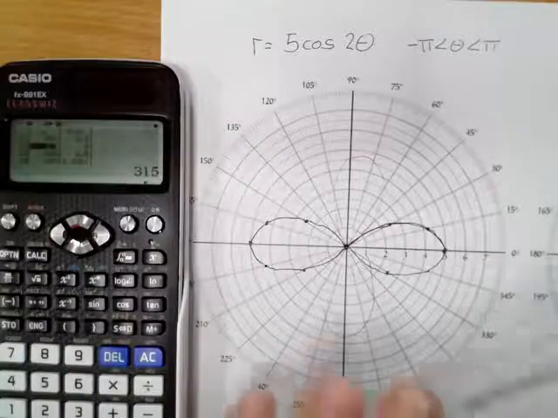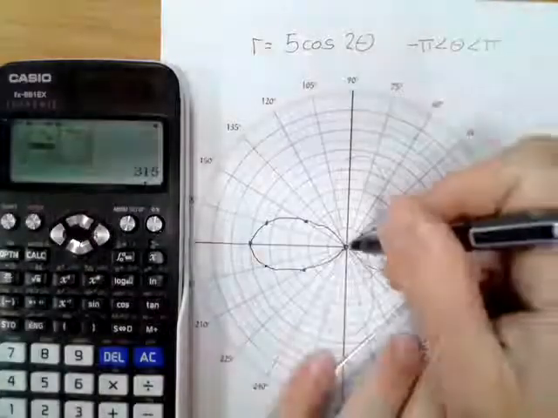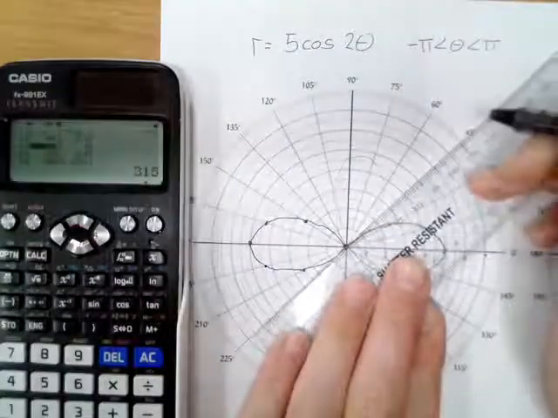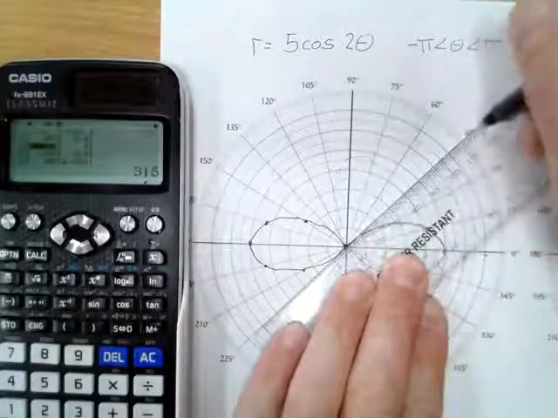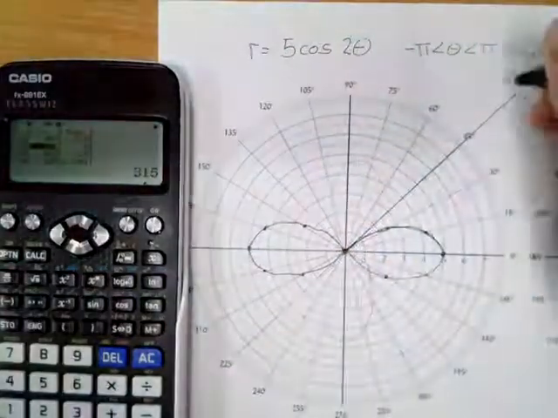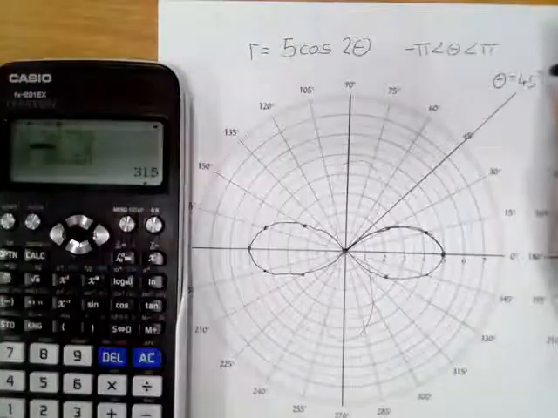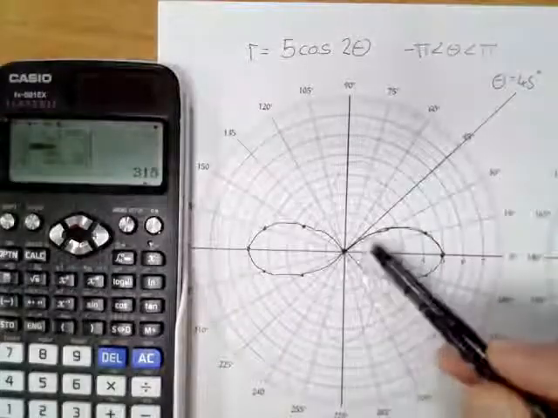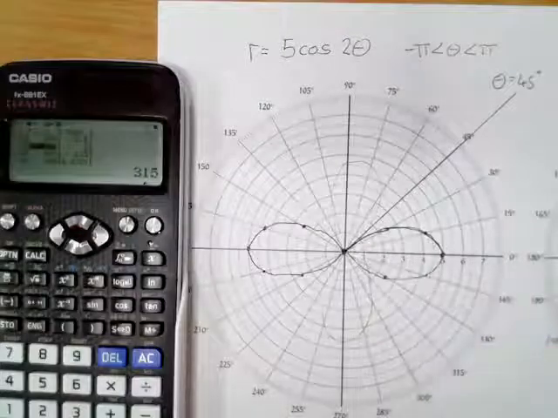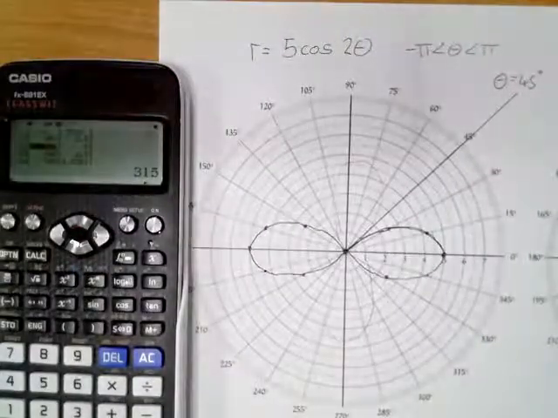What I mean by this is, if I draw the half line theta equals 45 degrees, or pi over 4, it is a tangent to the curve at the origin. This is going to become really important when we start to look at areas.